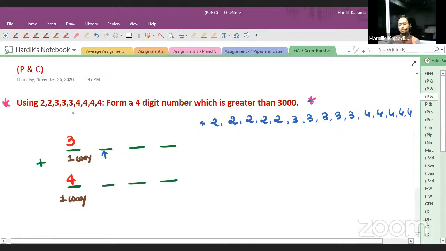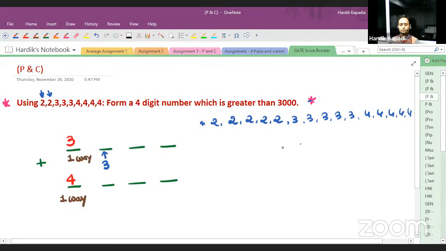We have assumed that we have plenty of 2s, 3s, 4s. So this can be filled in 3 ways, either 2 or 3 or 4. So only 3 ways.